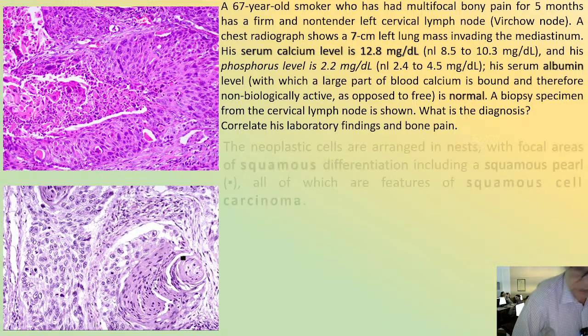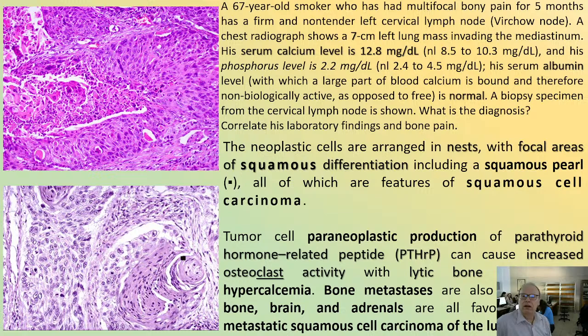So, the paraneoplastic production. Have a look here. The serum calcium level is high. And when you see calcium, you must always measure the albumin. Why? Because a large part of blood calcium is bound to the albumin molecule, and therefore not biologically active, as opposed to the free part of calcium.